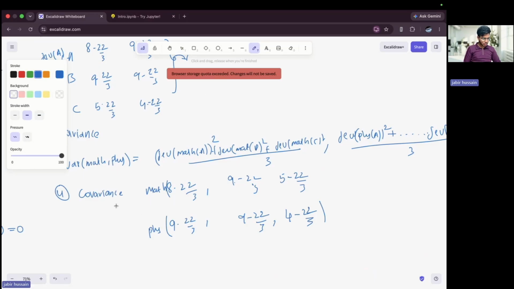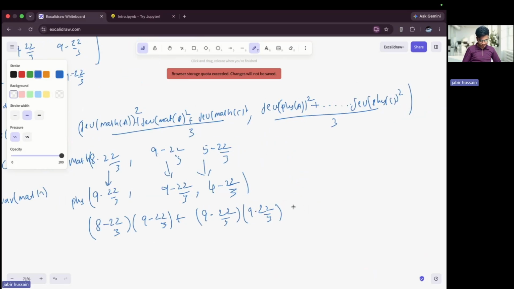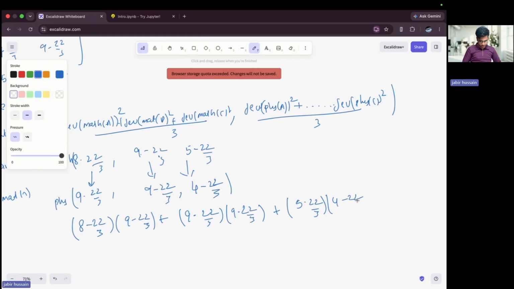So the covariance of math comma physics will be: multiply this, 8 minus 22 divided by 3 multiplied by 9 minus 22 divided by 3, plus 9 minus 22 divided by 3 times 9 minus 22 divided by 3, plus 5 minus 22 divided by 3 times 4 minus 22 divided by 3.